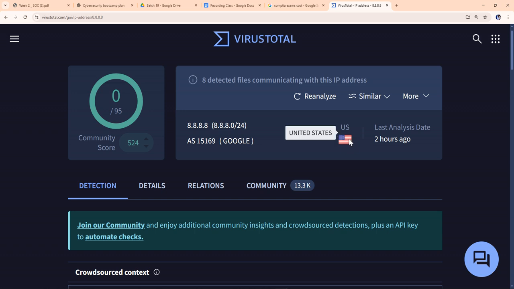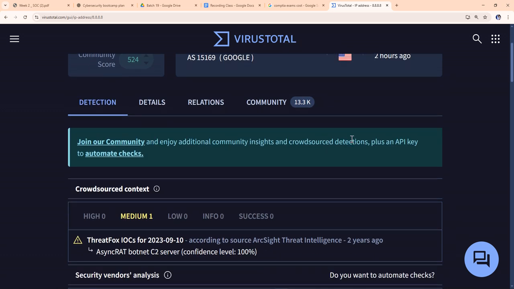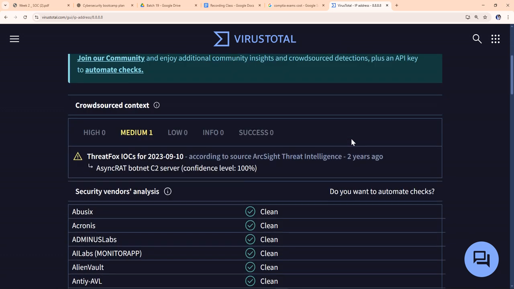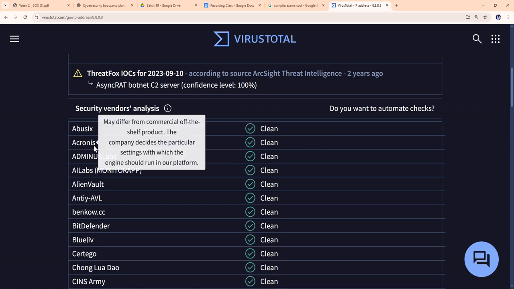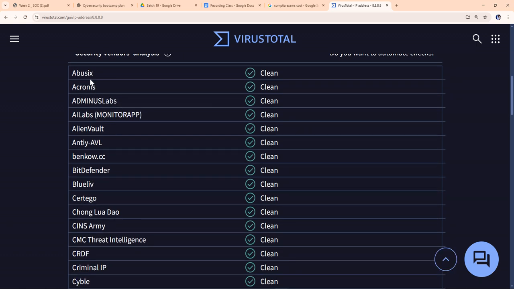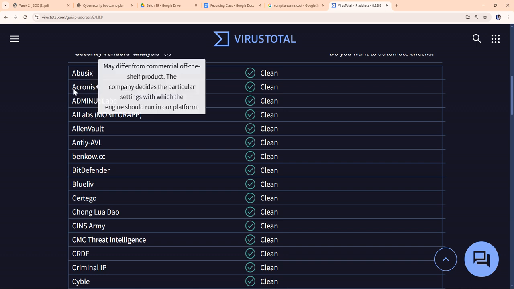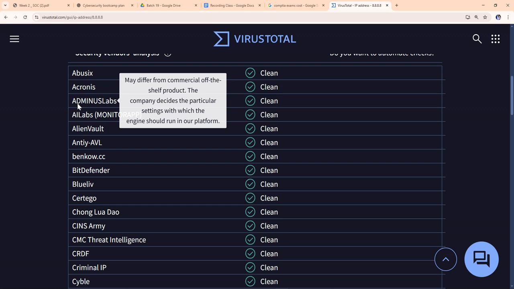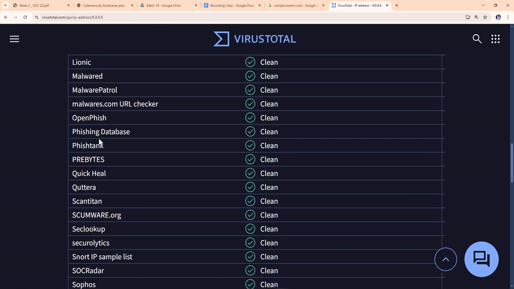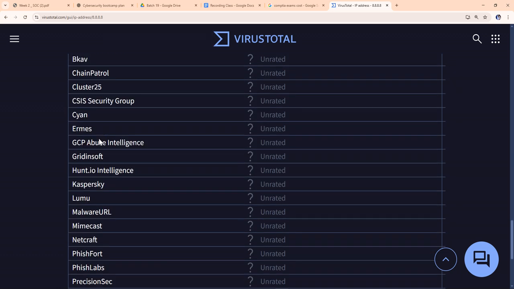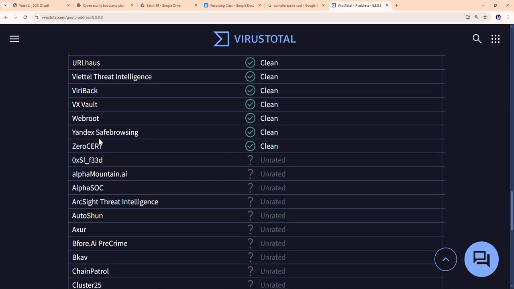If you hover around, you see this one is in USA, 2 hours ago. If you go down, you'll find all the things it was clean of. It is clean of abuse IX, acronyms, alien bots, and any type of phishing. So keep on going down, you'll find out how clean it is. AI labs.